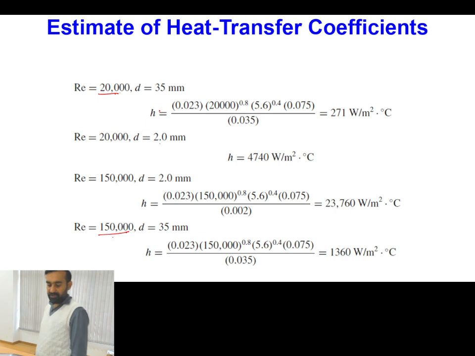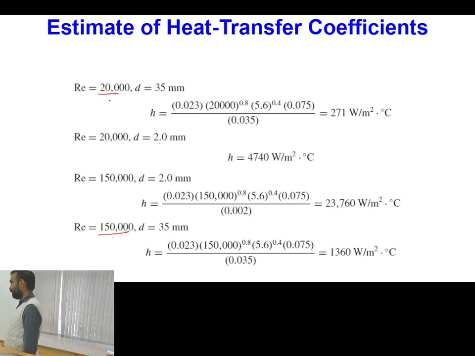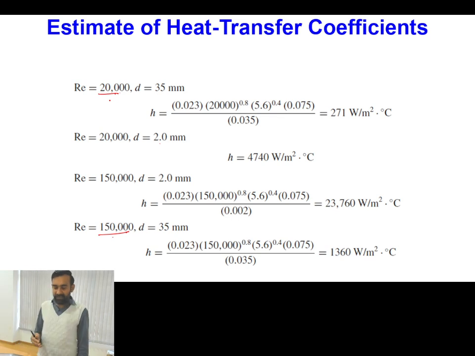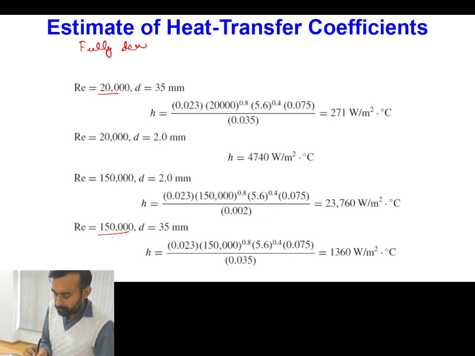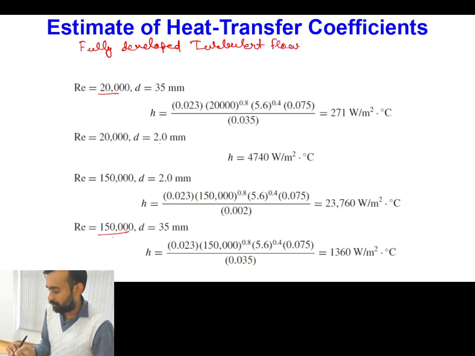So we are talking about a circular tube, and Reynolds number is greater than 20,000, so this is the situation of turbulent flow. Okay, and it is also given in the physical scenario that we have to perform the experiment for fully developed flow conditions. So whenever we have to estimate the heat transfer coefficient, our situation will be fully developed turbulent flow. Is this point clear? So situation will be fully developed turbulent flow.